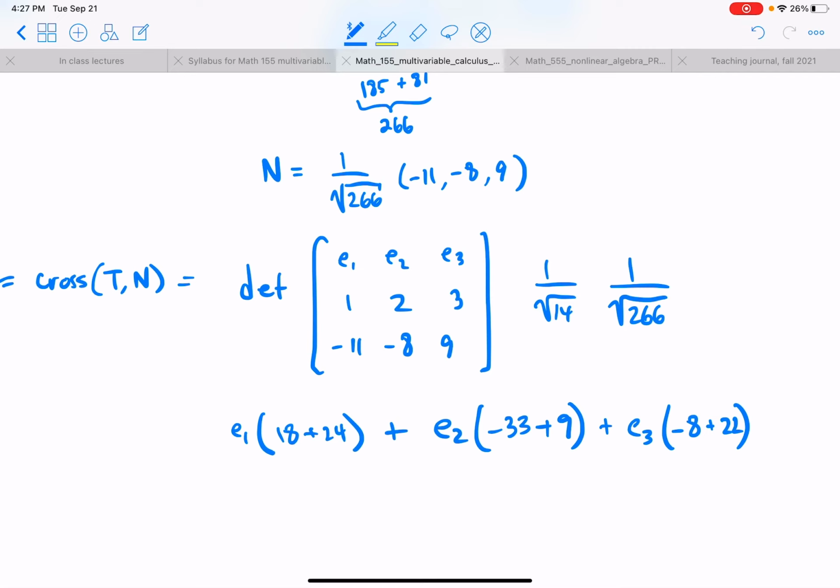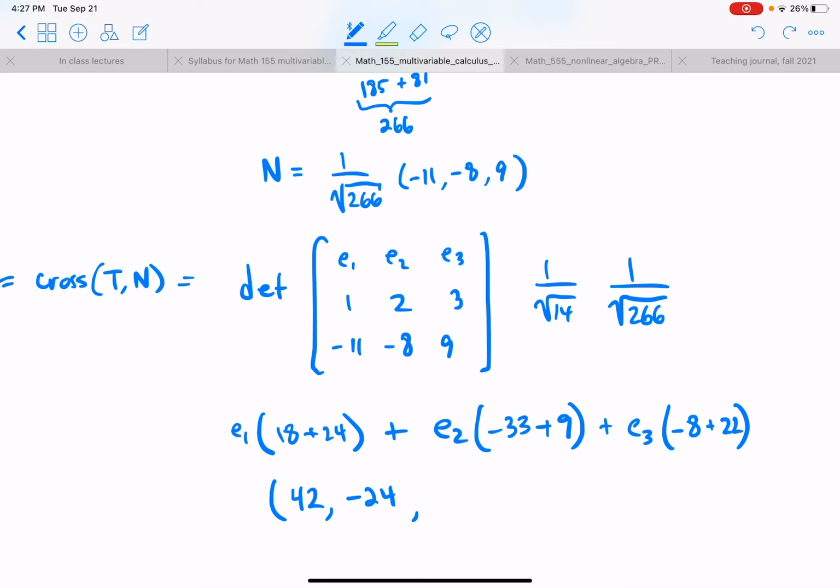Okay, so that just means I have, well, what's 18 plus 24? 42 in the first slot. Negative 24 in the second slot.